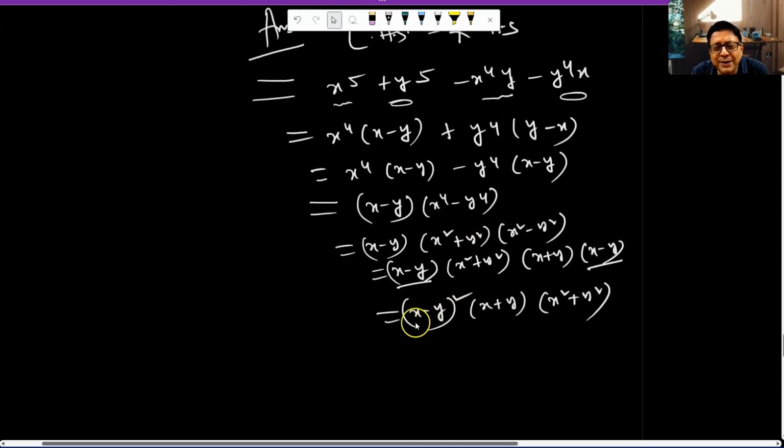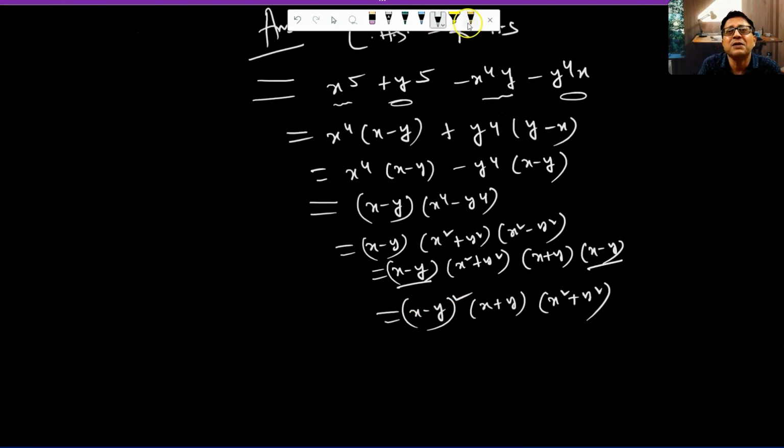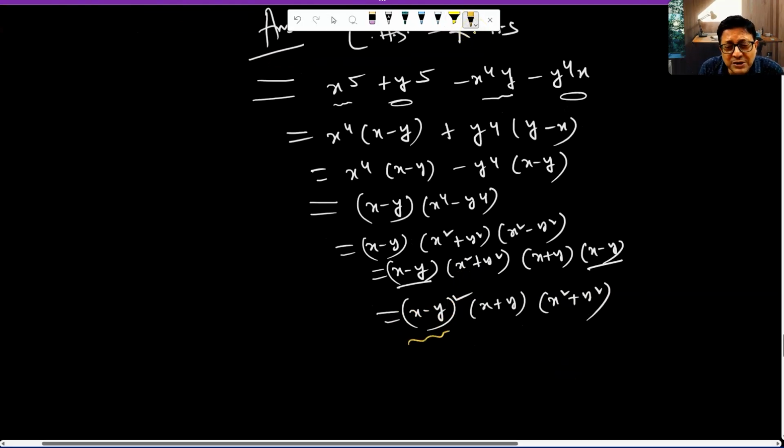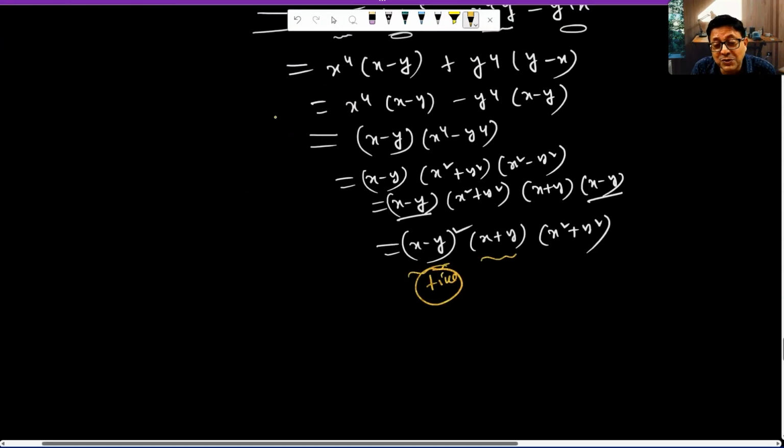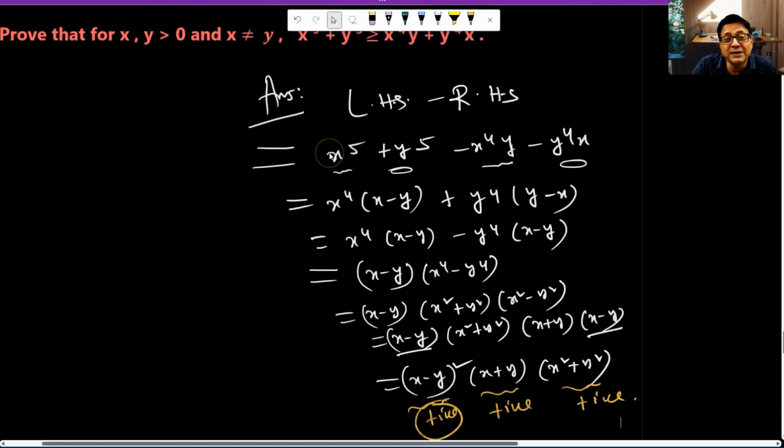X not equal to y is given, so this one is permanently positive. As x not equal to y, it can never be 0. X and y are not equal and positive, so this part positive, this part positive. So by comparing in this manner, what have we got? For this sum also, we got the success.